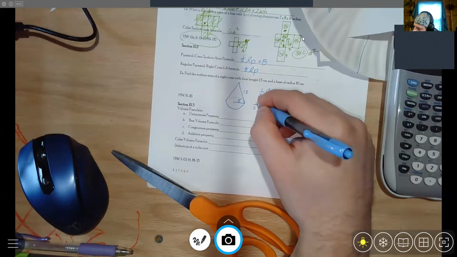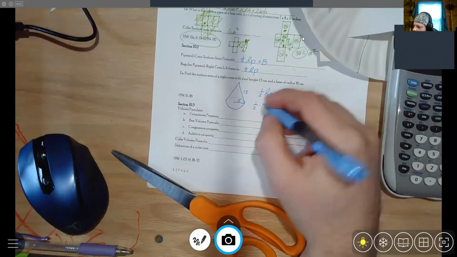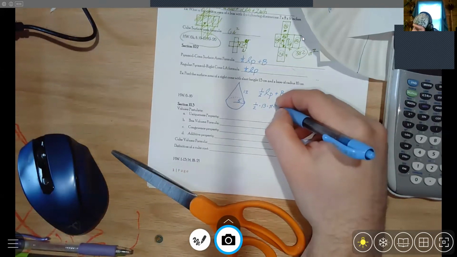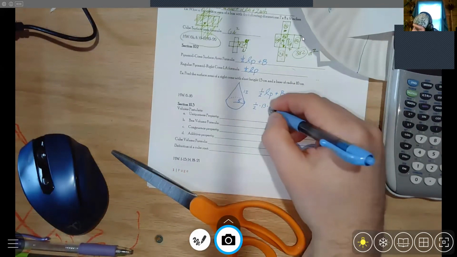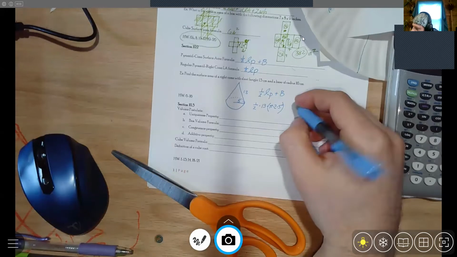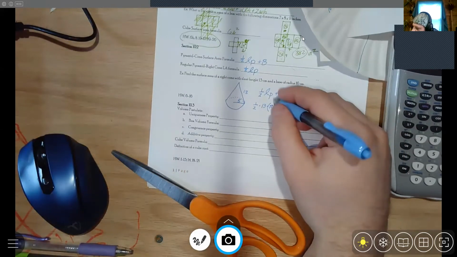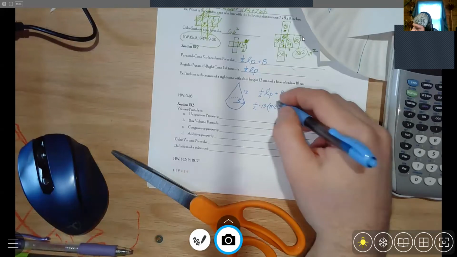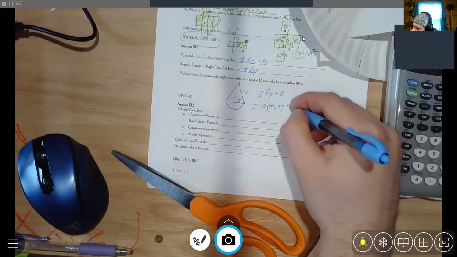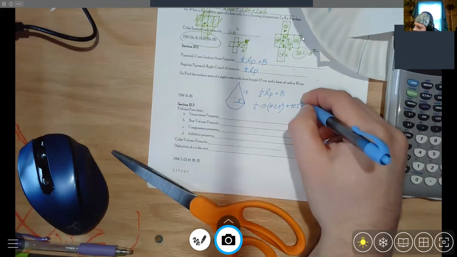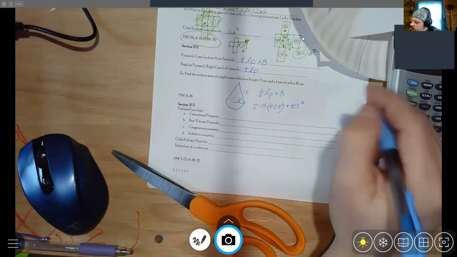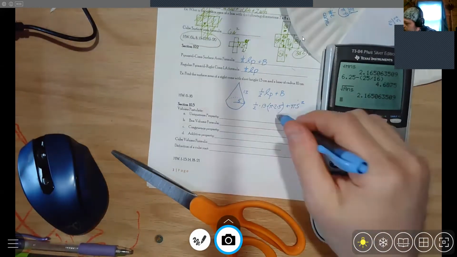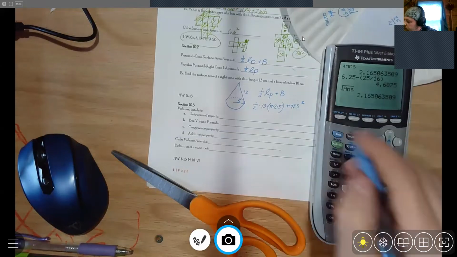So 1/2, 13. Now the perimeter of the base is going to be pi times 2 times the radius. So this is my P. I'm just putting parentheses around that to show you that's what P is. L, slant height, P. And the area of the base is just pi 5 squared. So then we just go ahead and plug that in. So we got 10 pi, 130 pi, 65 pi, and 25 pi.